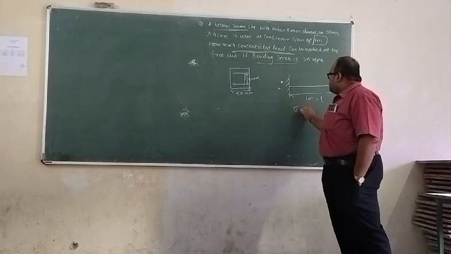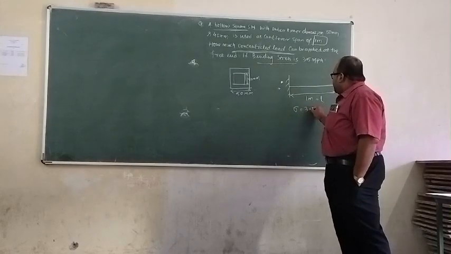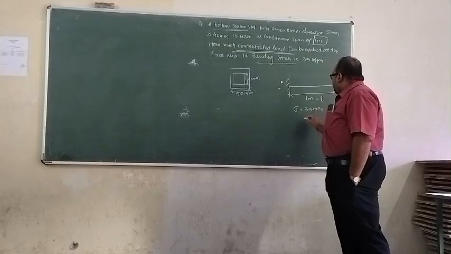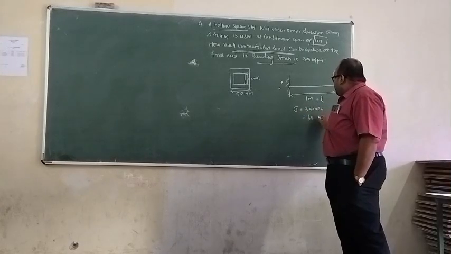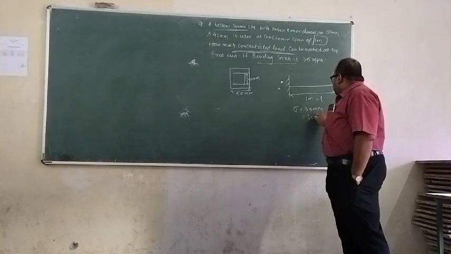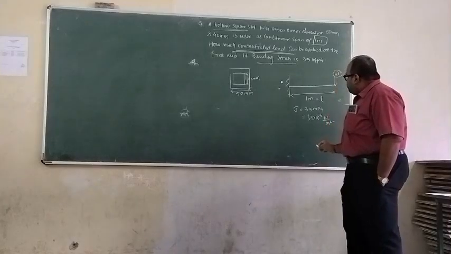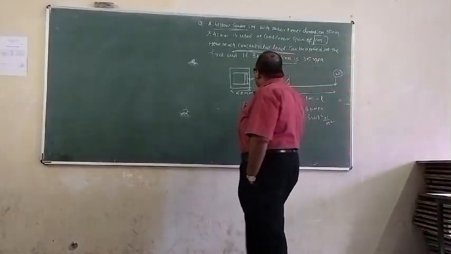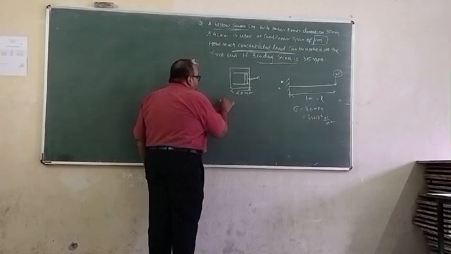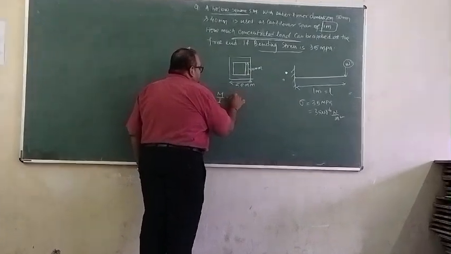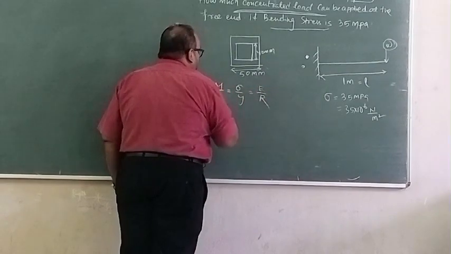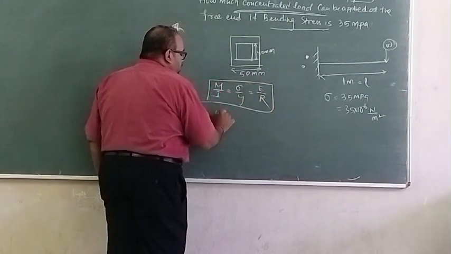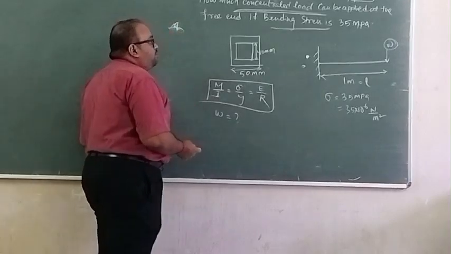So given data is stress equals 35 MPa, which I can write as 35 multiplied by 10 to the power 6 Newton per meter squared. And we know the equation of pure bending is M divided by I equals stress divided by y equals E divided by R. Here the load is asked, W is the question, the point load.